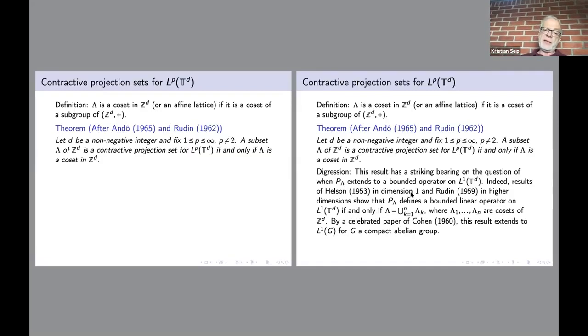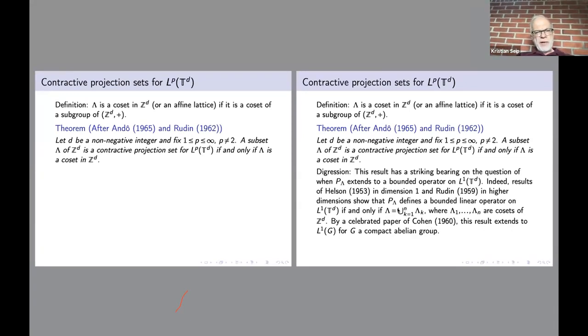It turns out that there is a very striking situation, because in L1, we can indeed describe the bounded Fourier multipliers. This is the result of the work of many people. It starts with Helson in dimension 1, Rudin in higher dimensions, and later Cohen for compact abelian groups.